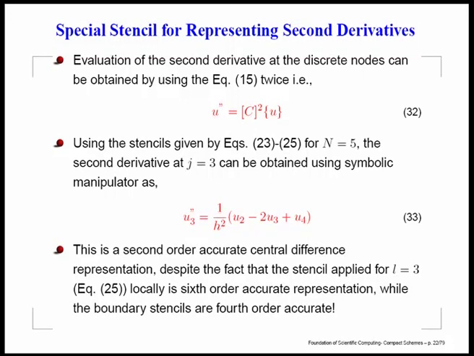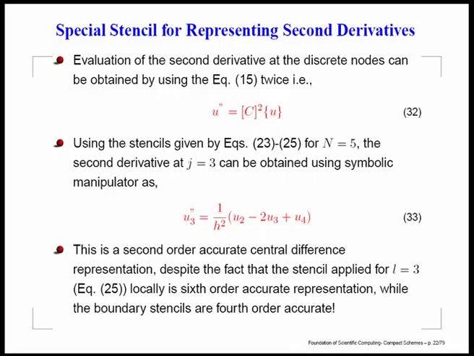For all those schemes that I talked about, the Adam scheme, the interior stencil was 6th order accurate, the boundary closure schemes were 4th order accurate, and we worked out the second derivative analytically using the symbolic manipulator. And you can see what this is.